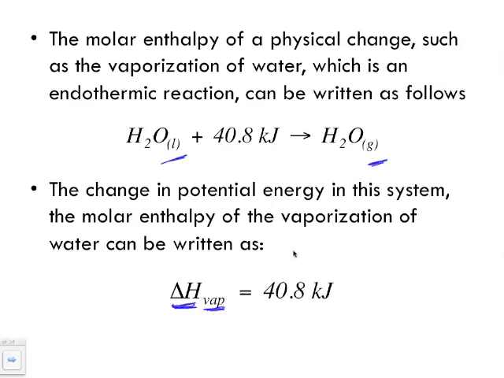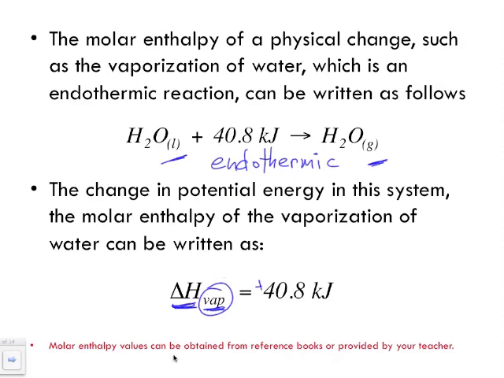Evaporation. But we will designate it as vaporization. And notice it's a positive 40.8 kilojoules. Why? Because it is endothermic. Okay, so notice here it's positive because it is endothermic.